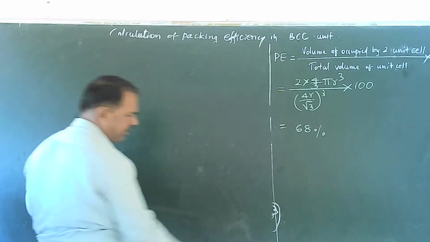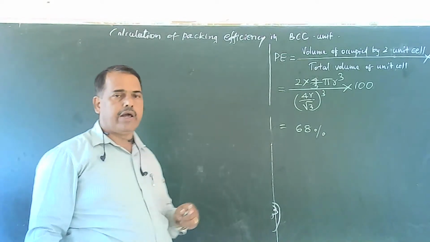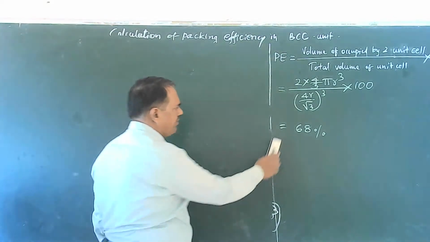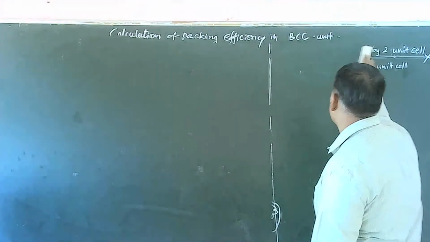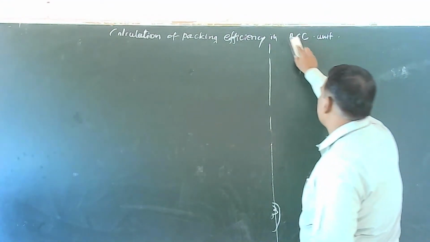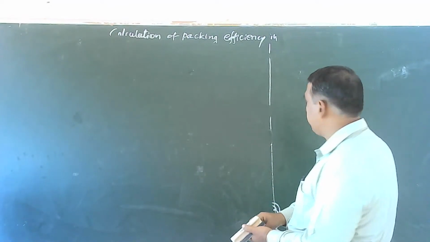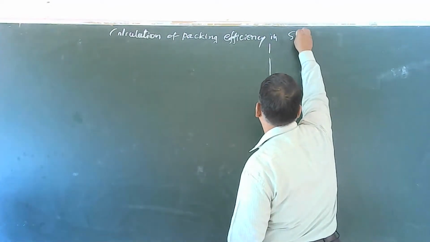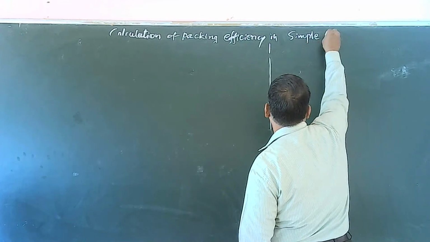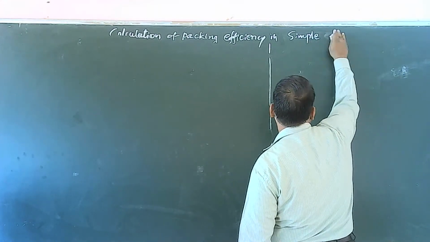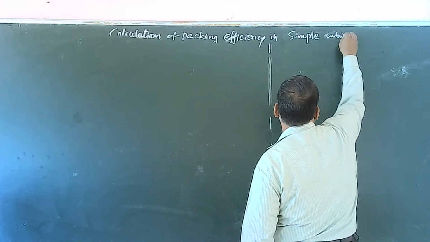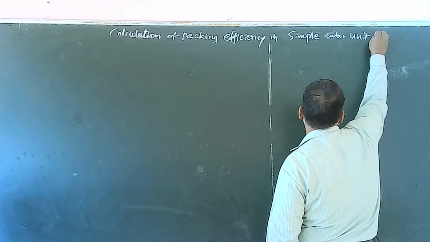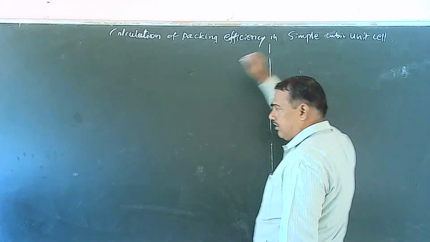One is FCC or HCP, another one is BCC. BCC shows 68% packing efficiency, and now packing efficiency in simple cubic unit cell. Are you clear?